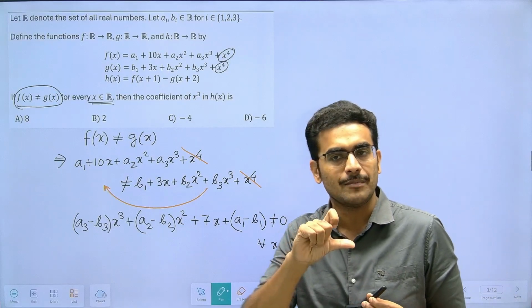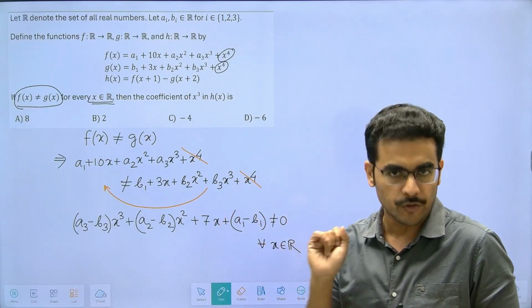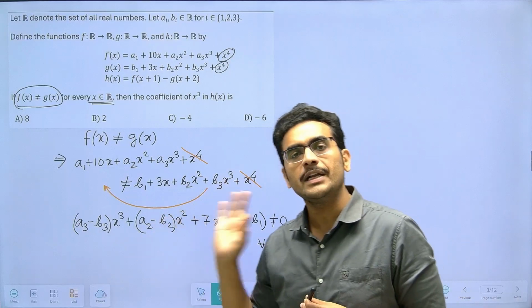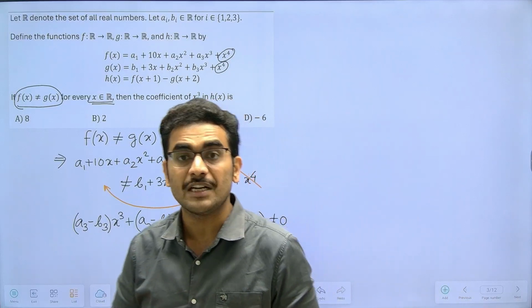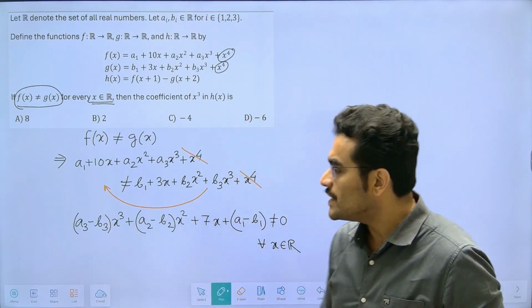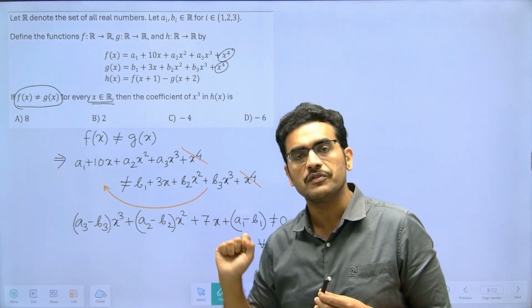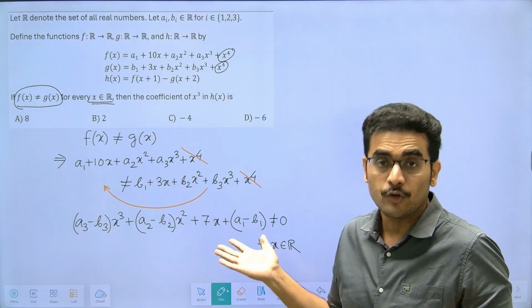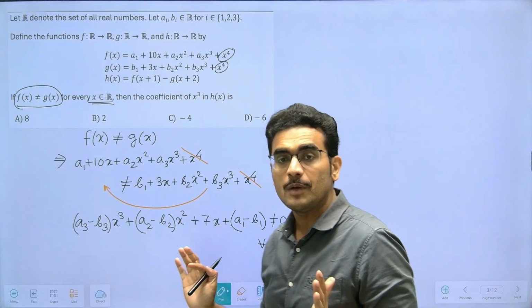Like if a plus ib is a root, a minus ib will be another root. So an odd degree polynomial with real coefficients must have at least one real solution. We already know that. Since it is a cubic polynomial with real coefficients, but it is saying that there are no real roots, it cannot be a cubic polynomial.